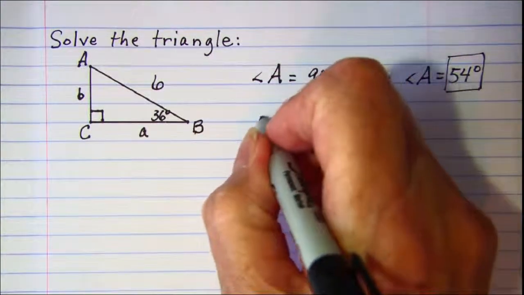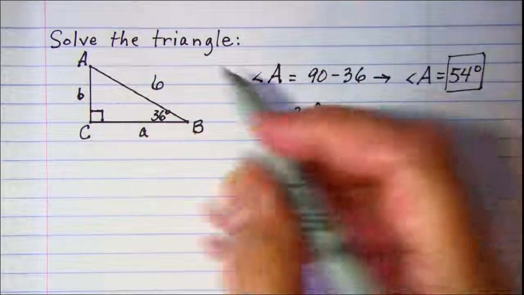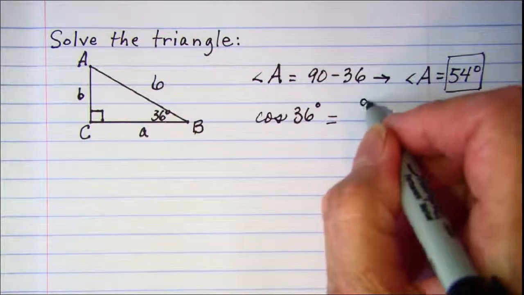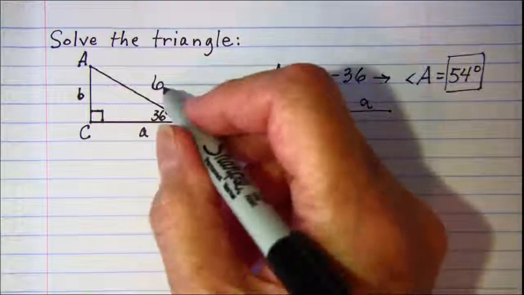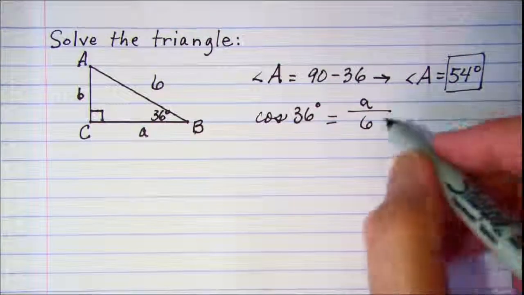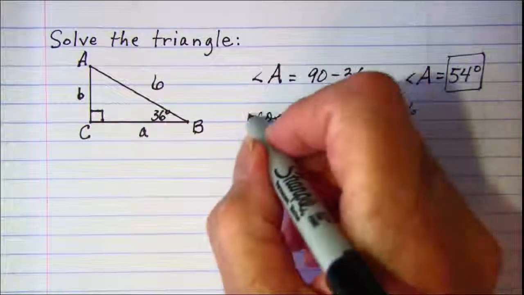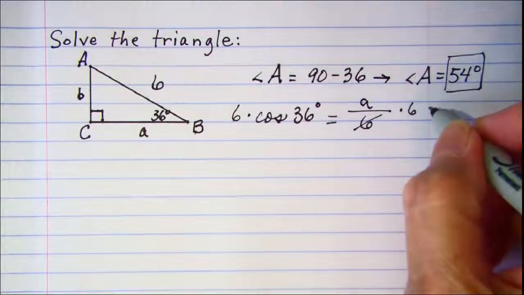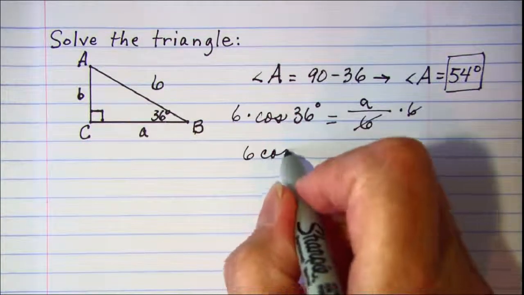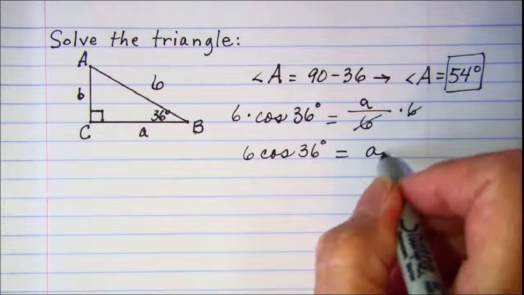So I would state that the cosine of this 36 degree angle would be the adjacent side divided by the hypotenuse. To solve for A here, we'd multiply both sides by 6. 6's cancel, and so 6 cosine 36 is side A.